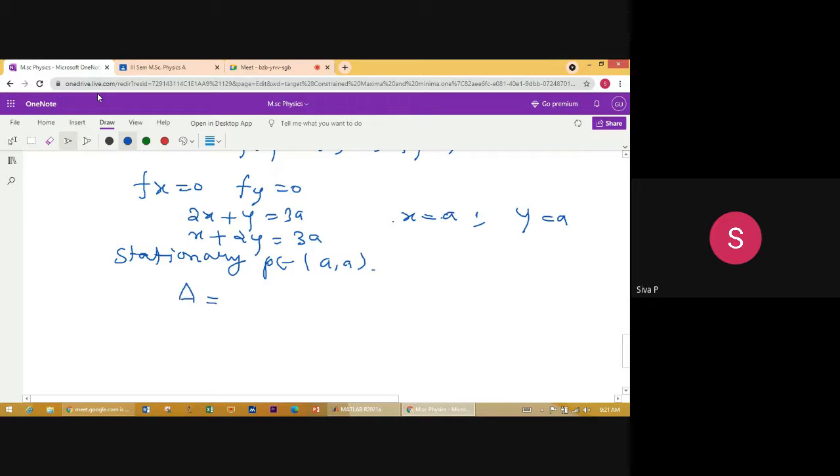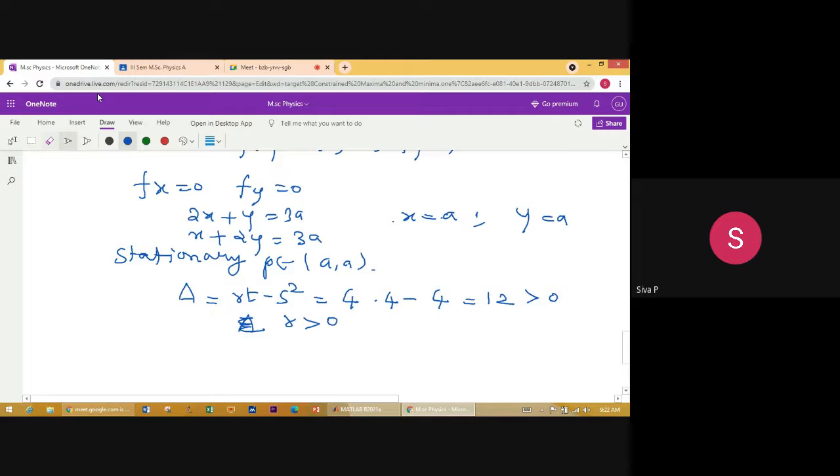What is delta? Delta is rt minus s square. r is 4, t is 4, s is 2: 16 minus 4, that means 12, greater than 0. And r is also greater than 0.